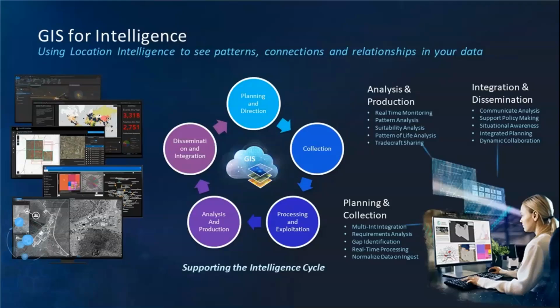GIS can help you see patterns, connections, and relationships in your data, and also assist you in your intelligence task, as shown here, for planning and collection, in your analysis and production task, and also in the integration and dissemination of all your results. So GIS can support all phases of the intelligence cycle, from collection to dissemination.